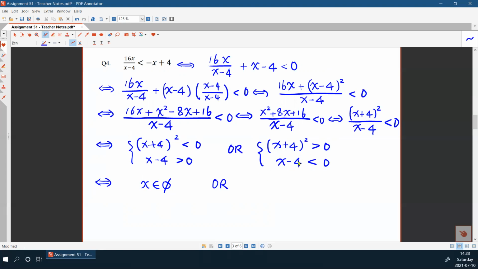How about the second branch? Second branch, let's first solve this one. (x plus 4) squared is above 0. We know that a number squared is above 0 or equal to 0, right? So as long as it is not 0, that means as long as x is not minus 4, this expression squared must be greater than 0, right?